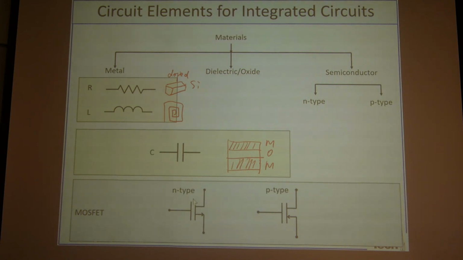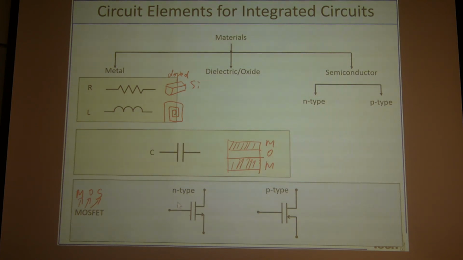And then the last one is the MOSFET. Actually, you need to use 3 groups. It's called MOSFET because it's metal, oxide, semiconductor, field effect transistor. So you need 3 kinds of material to build this structure.